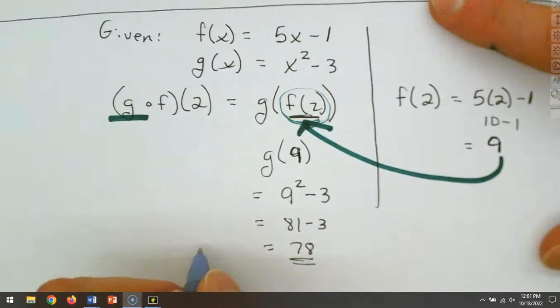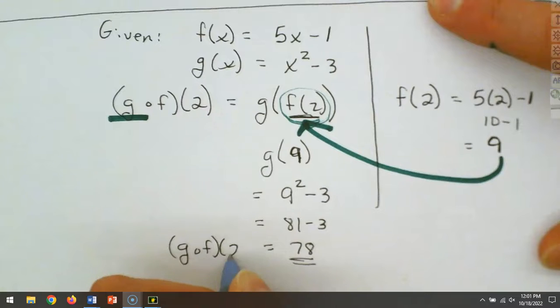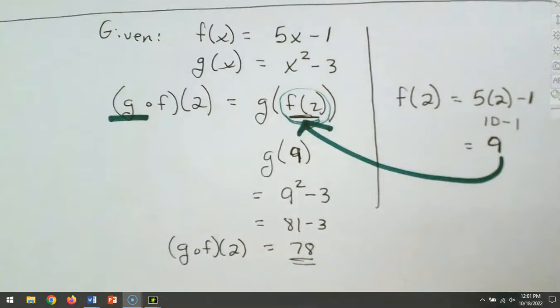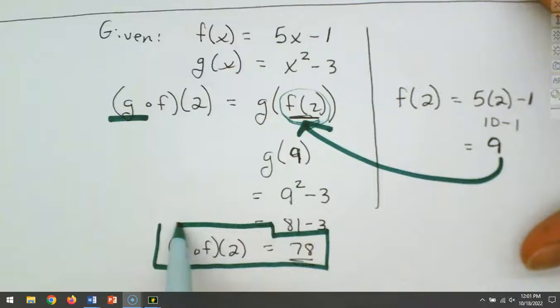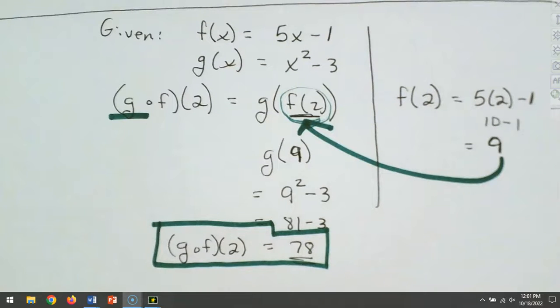And what is that? That is G composed with F of 2. So number in on the left, number out on the right. Just remember, numbers inside, a number better come out. If the x is on the left, x comes out on the right.